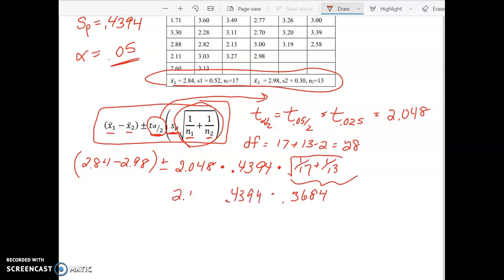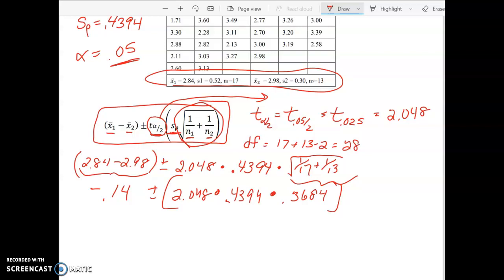All right, so now we multiply these out, 4.394 and 2.048. So all of this here has to be multiplied together. And then once we multiply that all out, it's going to be added and subtracted to negative 0.14. When you subtract these two, you get the negative 0.14.